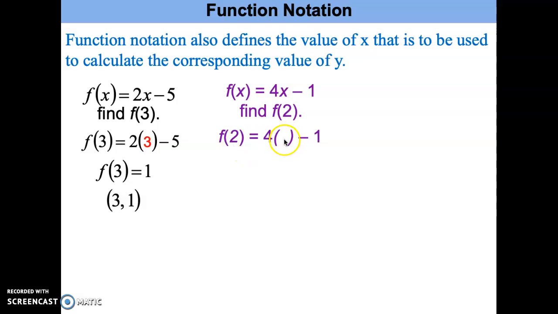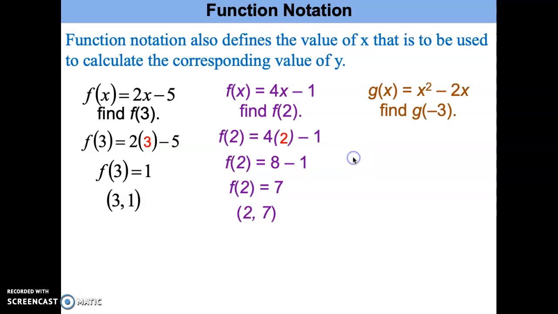Inside this parentheses, we'll also input our 2 in place of our x, and we solve. 4 times 2 gives us positive 8, and the minus 1 comes down. So we have 8 minus 1, which equals positive 7. So f of 2 equals 7. When x equals 2, for this function, y is going to equal 7.